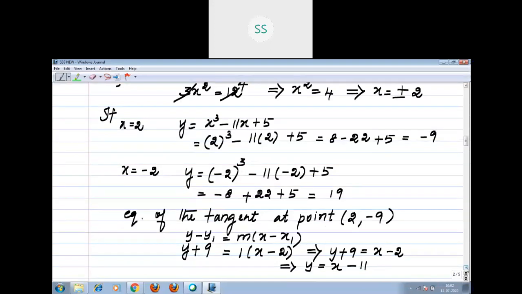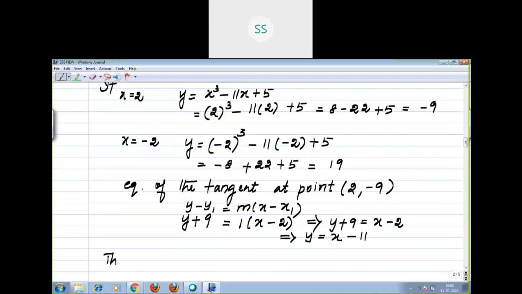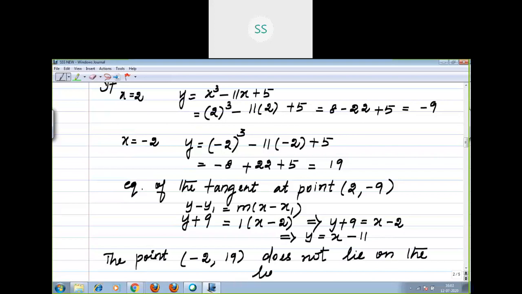That you have to write in the answer part. The point minus 2 comma 19 does not lie on the line y is equal to x minus 11, because the point does not satisfy your given equation of the line.